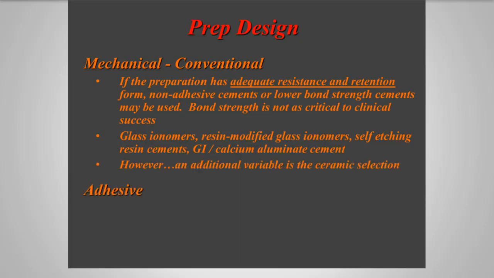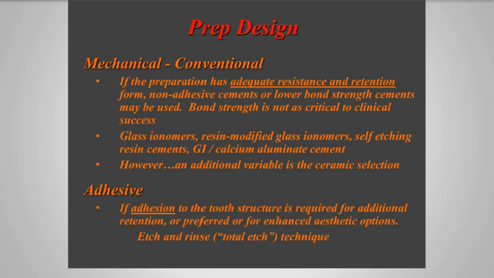Or if the preparation is a little bit short, or the taper is a little bit too much, or if you're in the anterior and you really need a high lip line with advanced aesthetics, or a need for detailed aesthetics, you may need a total etch type of cement because the ceramic dictates that. So these are some of the things we think about with cement.